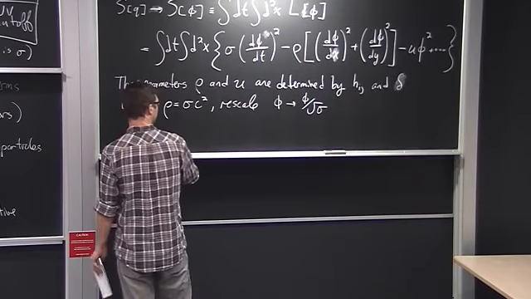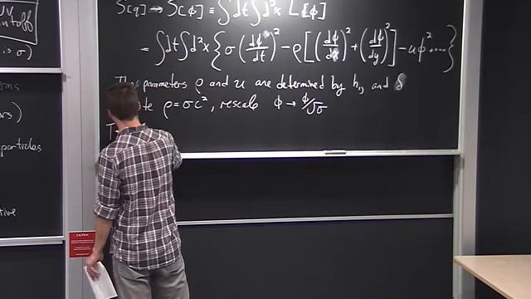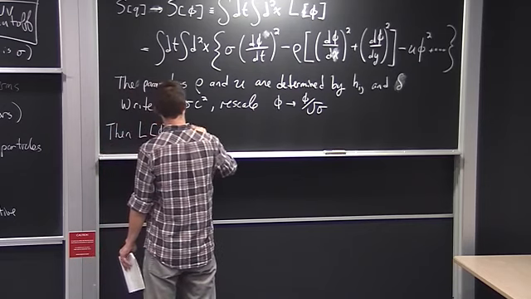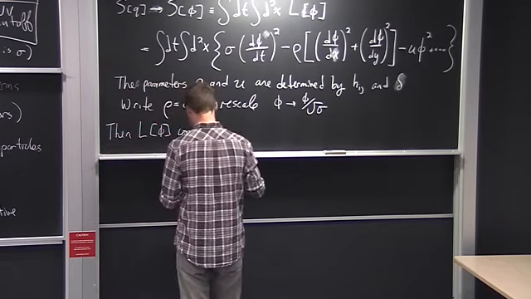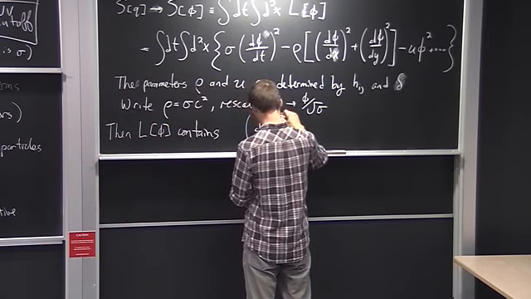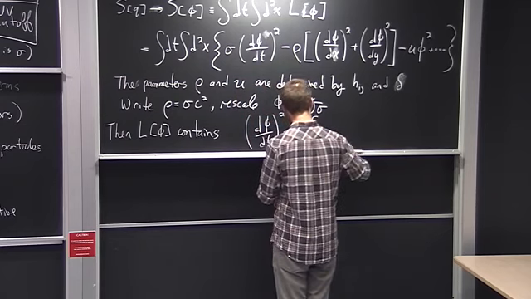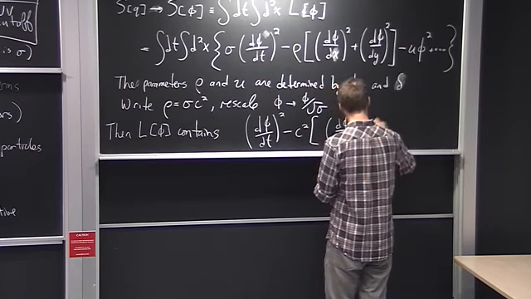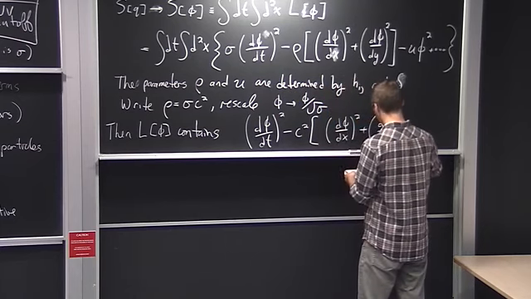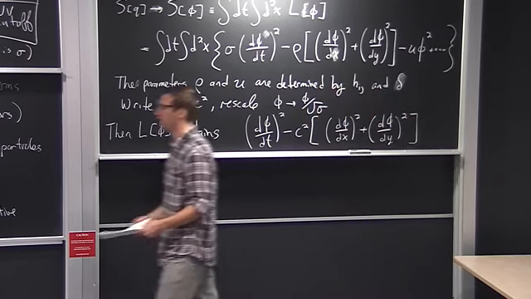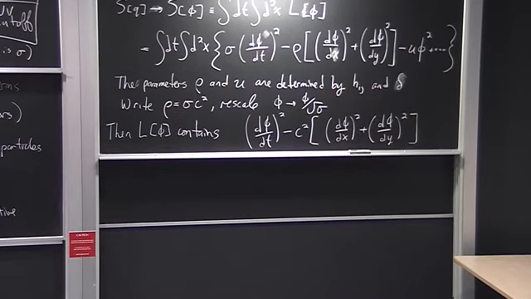And the Lagrangian now contains the derivative with respect to time squared minus c squared... Why did I call that thing c?